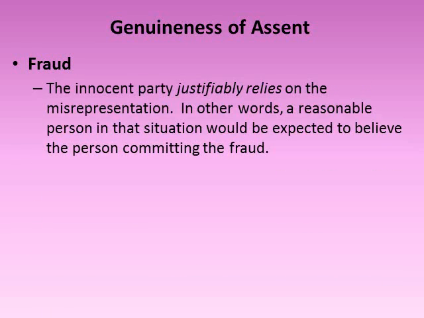Well, also, for fraud to take place, the innocent party justifiably relies on the misrepresentation. In other words, a reasonable person in that situation would be expected to believe the person committing the fraud. So we can see how this works by looking at a counter example where there is no justifiable reliance.